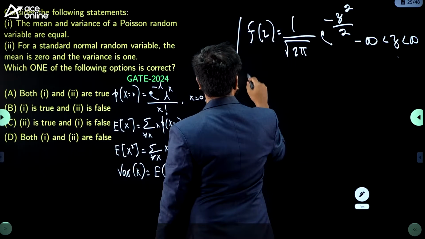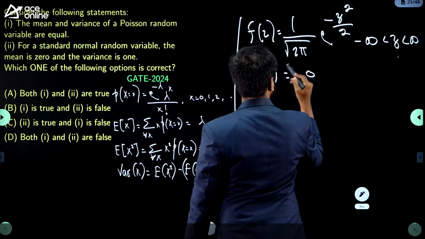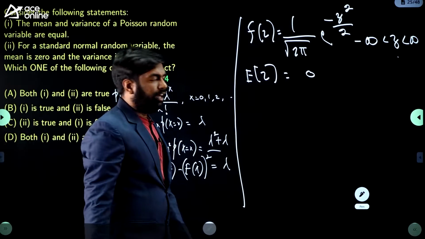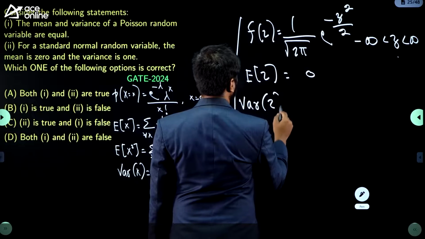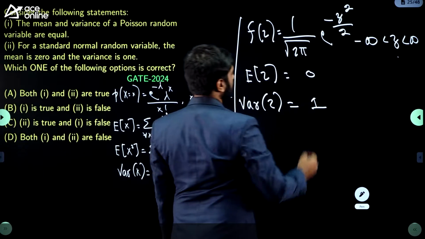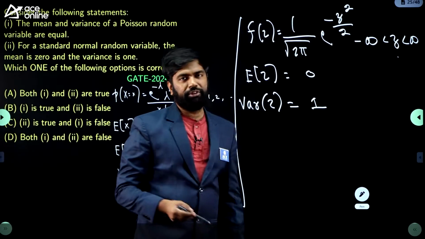When you try to find the mean of this random variable, which is obviously a very difficult calculation, it turns out to be 0. And the variance of a standard normal random variable is always 1. I just wanted to revise the density function, the mean and the variance.